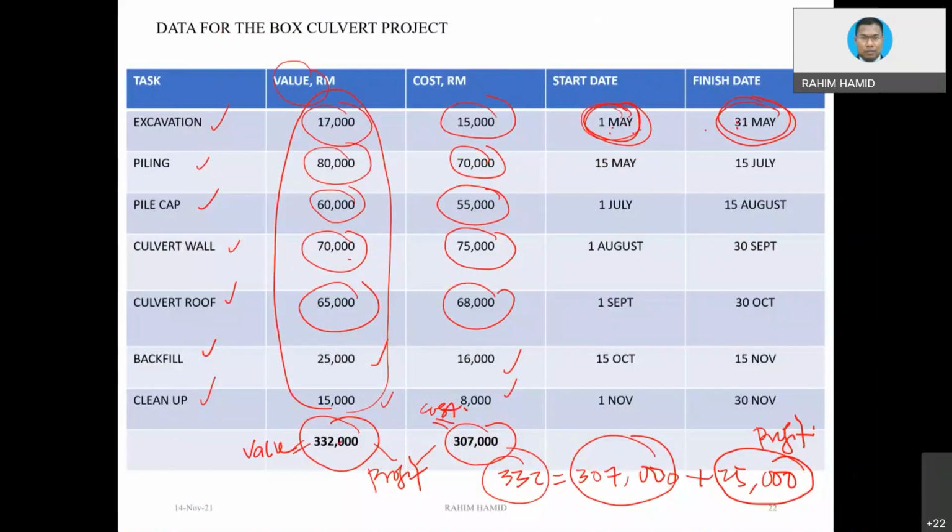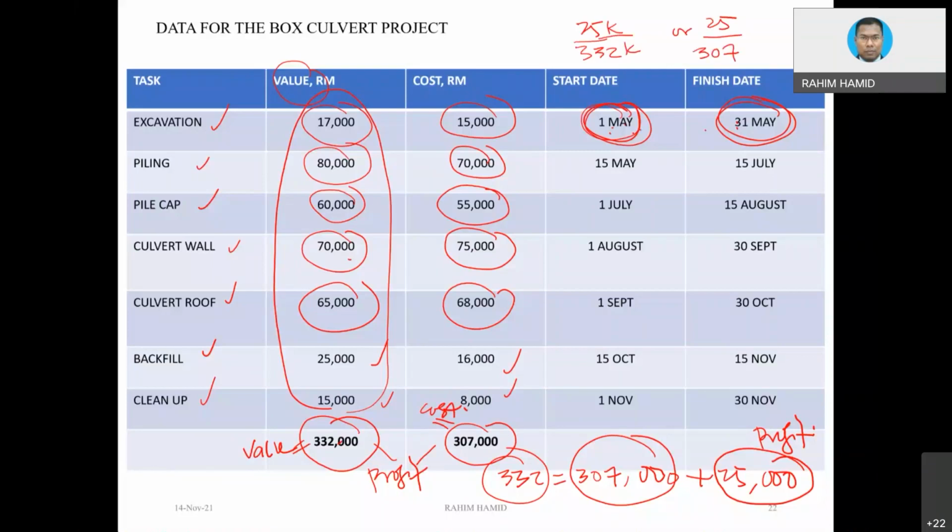If, for instance, people ask us, the profit margin is in the form of a percentage. But the issue is that with 25,000, to get the percentage, are you going to divide with 332K, or are you going to divide with 307K, times 100, then you get the percentage.